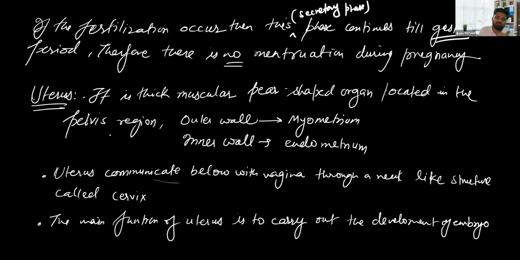The ovaries are present in the pelvic cavity, and the uterus is along these ovaries, surrounded by the ovaries, or we can say that. Its outer wall is called the myometrium, and the inner wall is called the endometrium. Sometimes it is asked what the name of the outer wall is and what the name of the inner wall is. The outer wall is called the myometrium, the inner wall is called the endometrium.